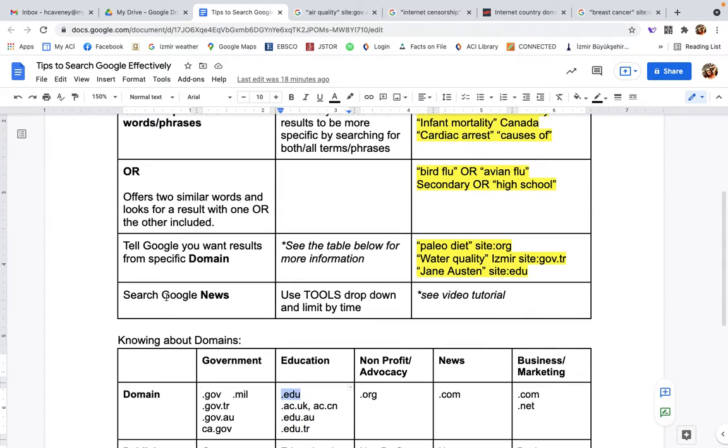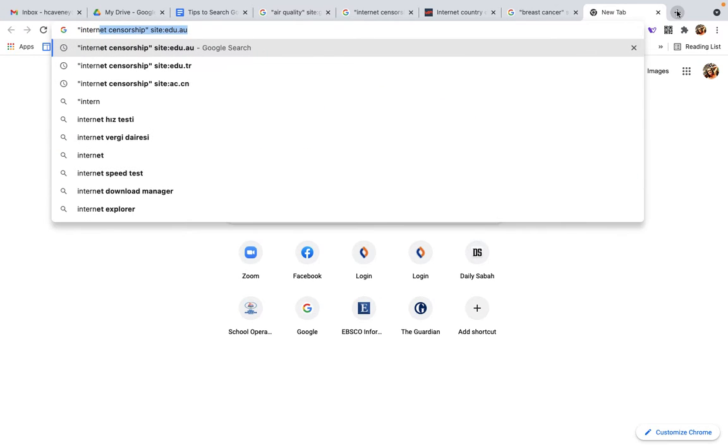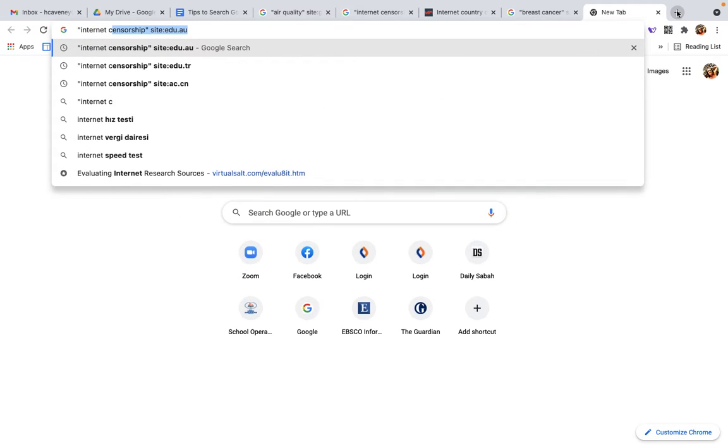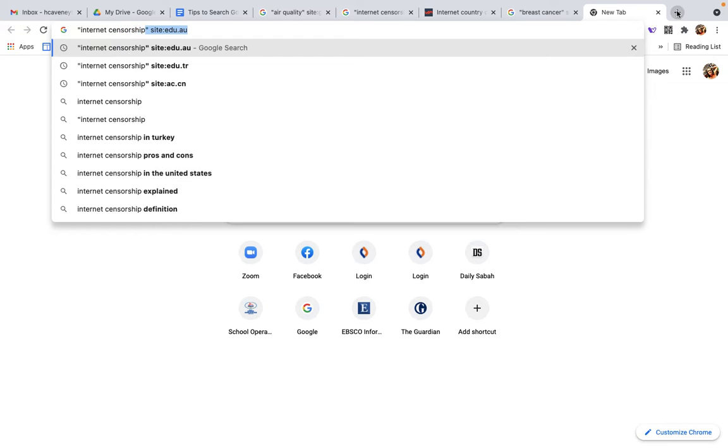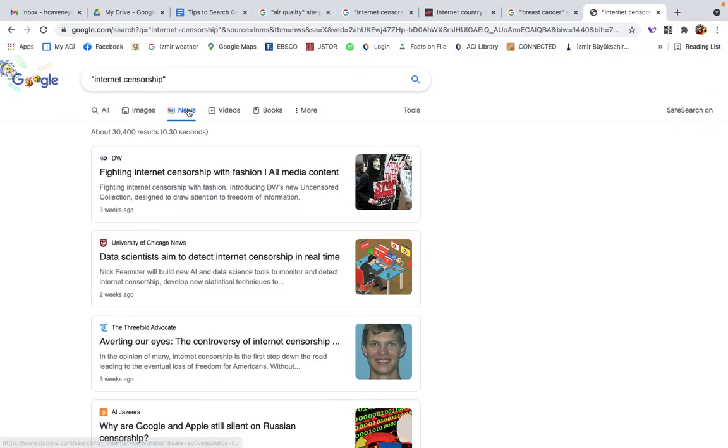The last thing I'm going to show you is about searching Google News. And this is going to be helpful, especially if your topic is timely or in current events. So, for example, I'm going to do internet censorship again. But what I want you to pay attention to is up here at the top. You're all very used to using images and videos, but click on News.